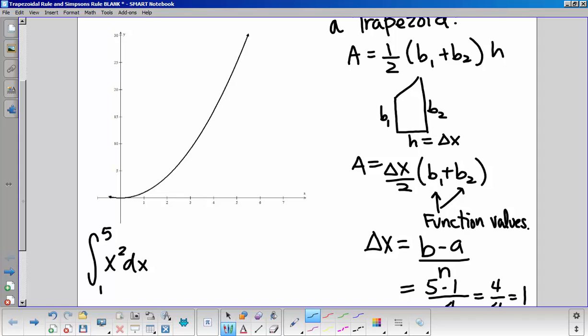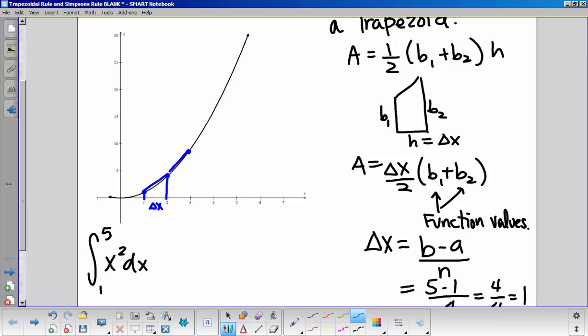So what we're going to do now is draw trapezoids. With trapezoids, we're going to use the function heights on either side of our delta x. So that's delta x, and we're going to create a trapezoid connecting the left edge and the right edge together. Unlike with rectangles, where we just have the left edge or the right edge, with trapezoids we're going to use both.